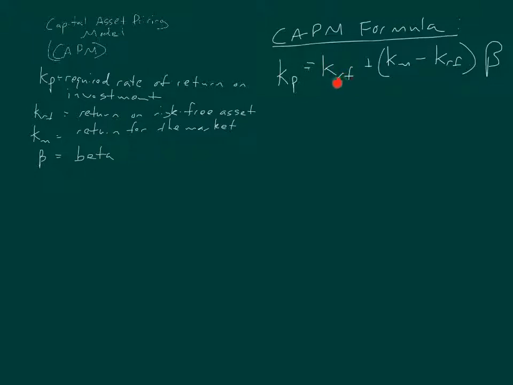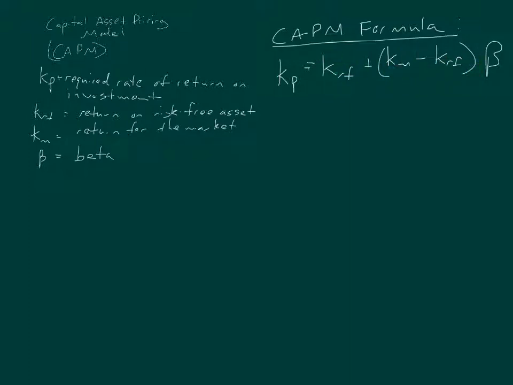So, in essence, a treasury bond or something like that, plus the difference between the market rate of return and the risk-free asset multiplied times the beta of this particular investment. Okay? So, as long as we have 3 of the 4 elements here, we should be able to solve for the missing one.